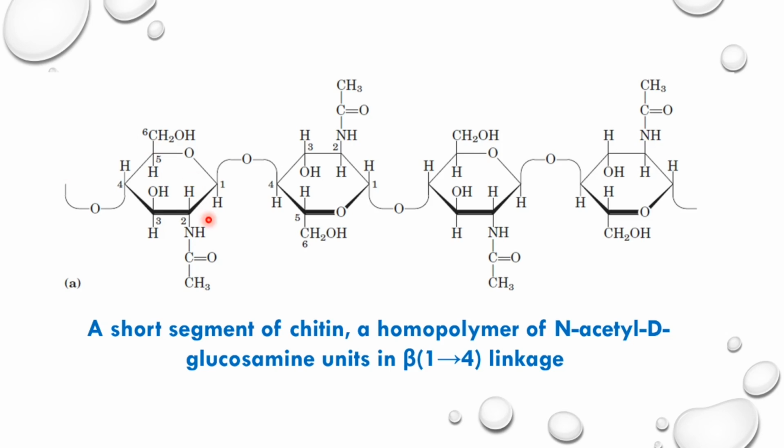So this N-acetyl glucosamine forms a beta 1,4 glycosidic bond with another glucosamine molecule. It is not a branched polysaccharide; a linear chain of N-acetyl glucosamine units is produced.